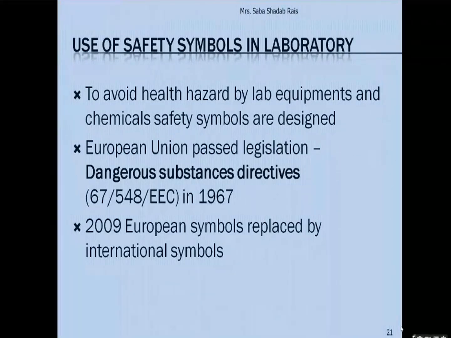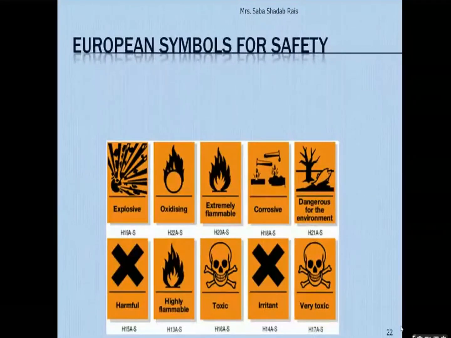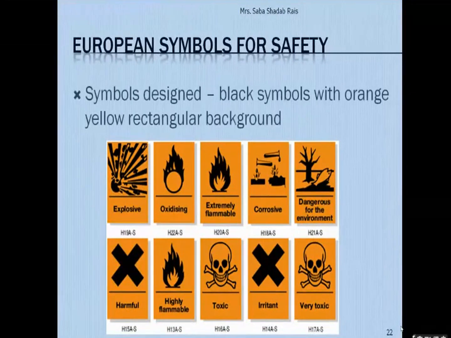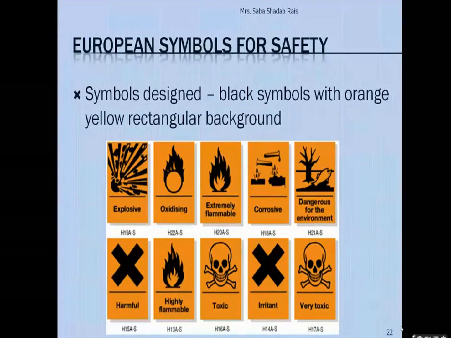First Europe started, then other parts of the world also started. Initially the Europeans designed these precautionary symbols on an orange background. You can see it is an orange-yellow, rectangular background, and on it they make the black symbol.